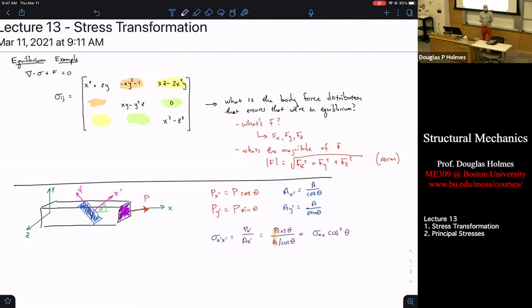If you're interested in glues and welds and such, as I mentioned, you're interested in what's happening in shear on that surface. That's what's going to resist sliding. Your glue is going to resist sliding there, and so you might want to calculate what the shear stress is.